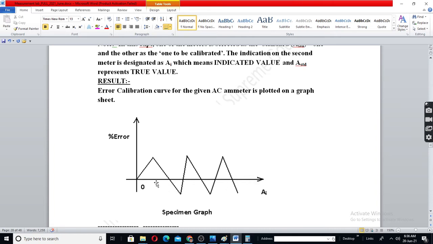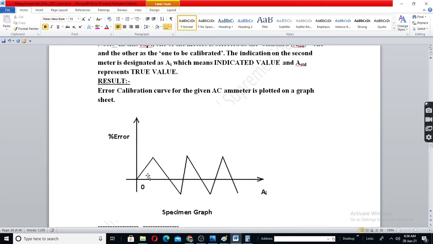At say 1 ampere, there may be plus 5. At 2 amperes, there may be minus 2 error. Error can be positive or negative, however it can be. So we generally put a zigzag line or curve in the specimen graph.